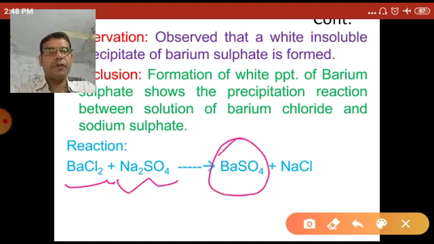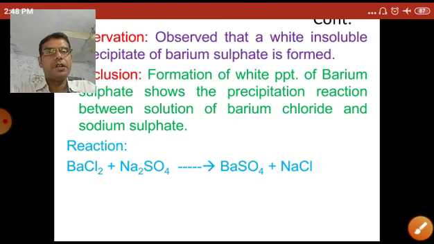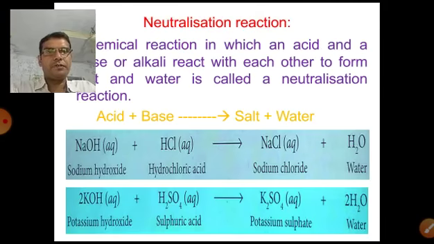They form barium sulfate, a white precipitate, and sodium chloride. Sodium chloride is dissolved in the solution, but barium sulfate is not soluble in the solution and appears as a white precipitate. So this is a type of precipitation reaction. This activity shows that the given reaction is a precipitation reaction.